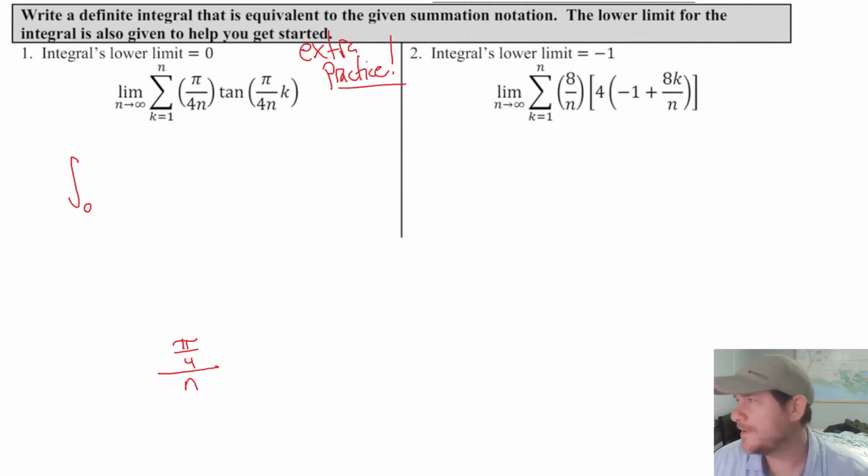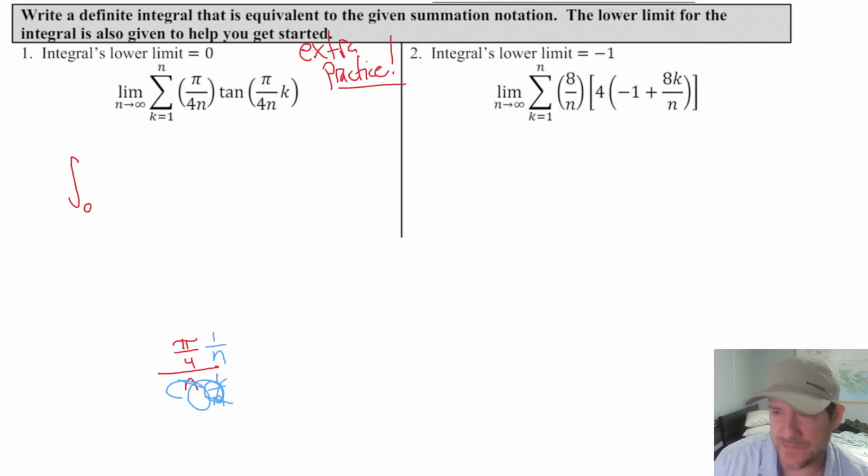If you didn't want this compound fraction, then you'd multiply the bottom by its reciprocal, 1 over n, and then you'd have to do that to the top. And then all that stuff in the denominator would cancel, and you can see that this is equivalent to pi over 4n.